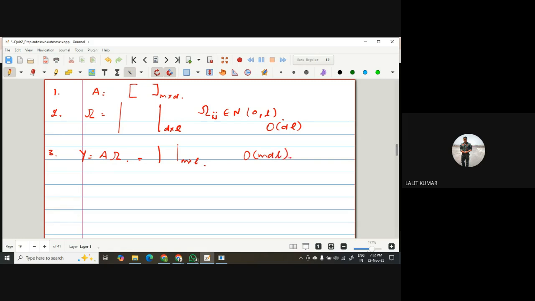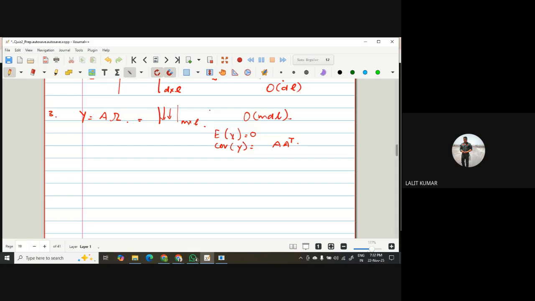Now, the expectation of all the vectors of Y is 0, and the covariance of Y will be equal to A A transpose. Fourth, we find Q, the orthogonal basis of Y.